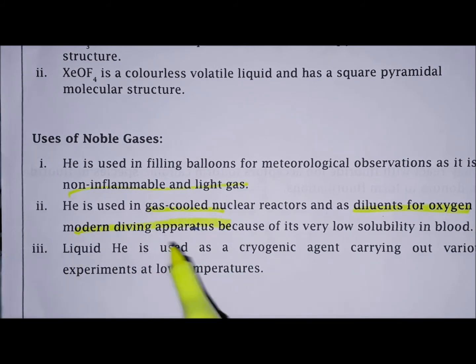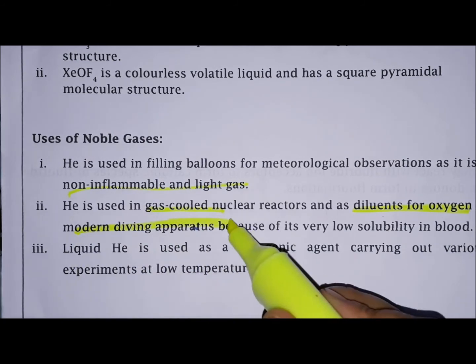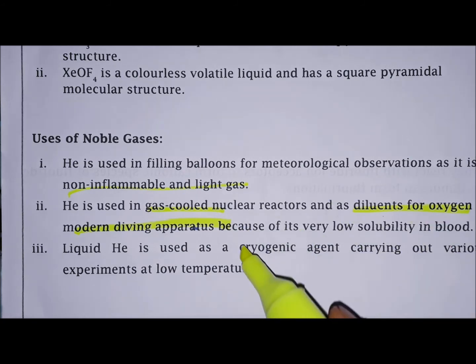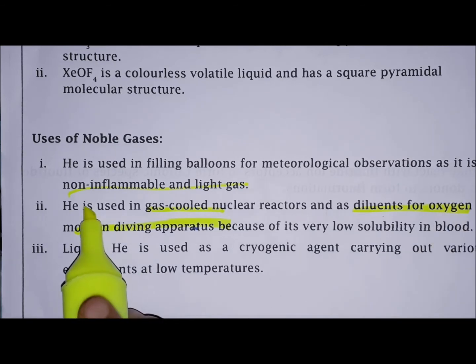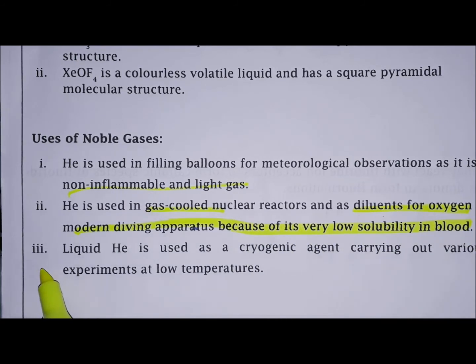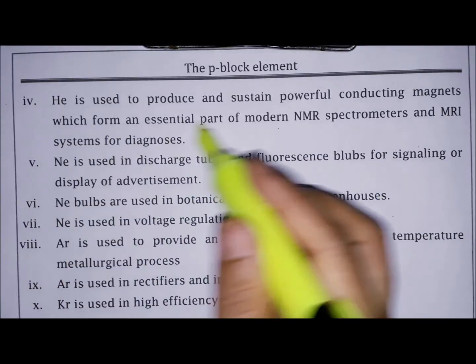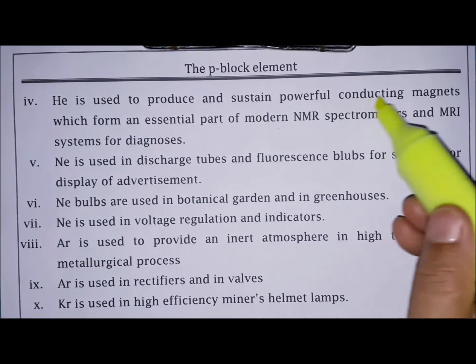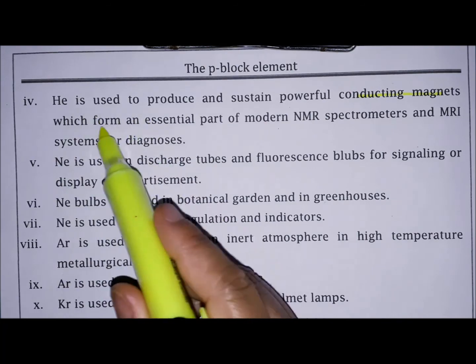We have studied this in the second chapter, solutions: instead of using nitrogen we usually dilute oxygen with helium, because the solubility of helium in blood is very, very low. Helium is also used as a cryogenic agent, to produce and sustain powerful conducting magnets, which are an essential part of modern NMR spectroscopy and MRI systems.